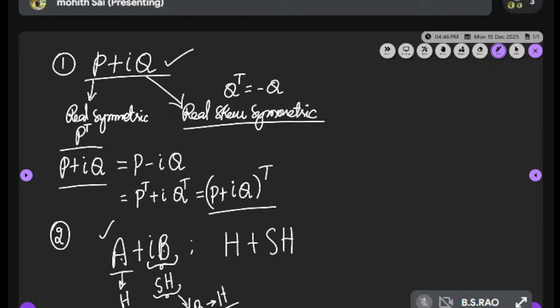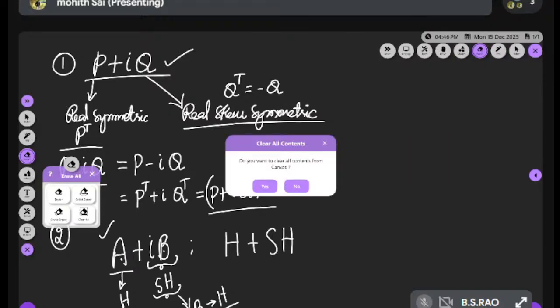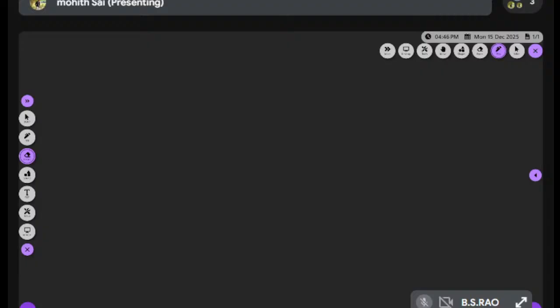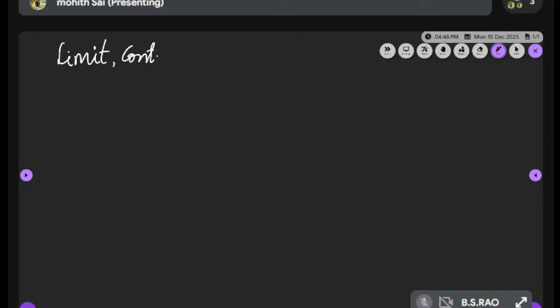Write down the heading: ordinary calculus, limit, continuity and differentiability.